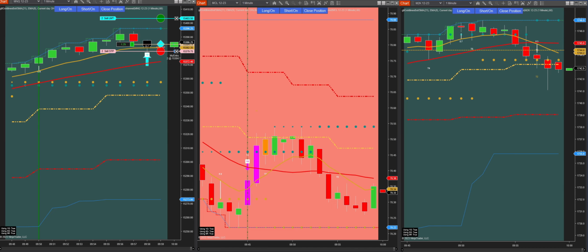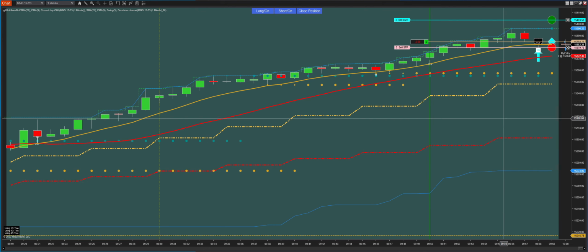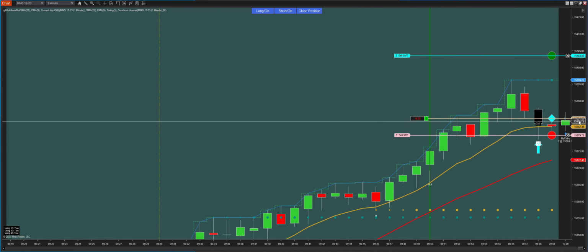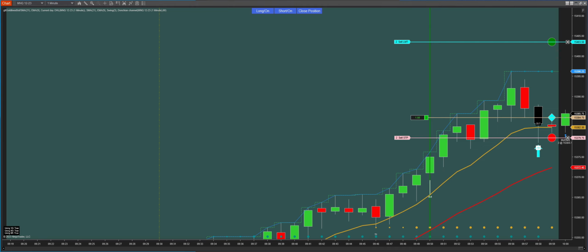Order submitted. Okay, and here we are in a trade on the NQ. We've got a pullback here to the 1 minute gold line. Entry was 15,384.75. We're looking at a target of 403.50, which is about 18.5 points of profit.